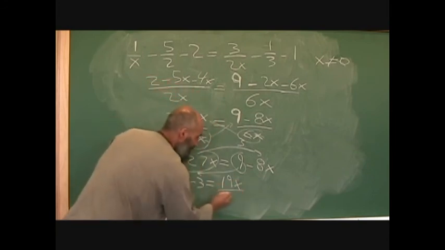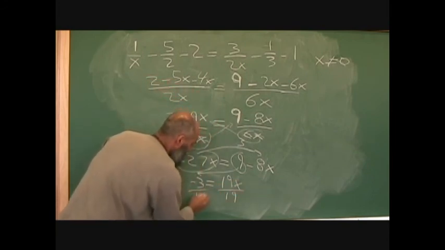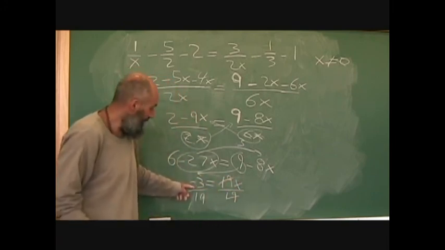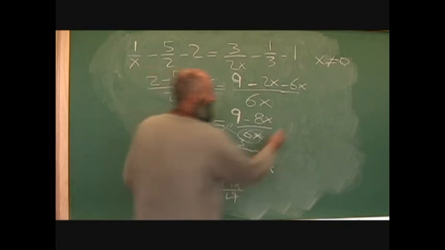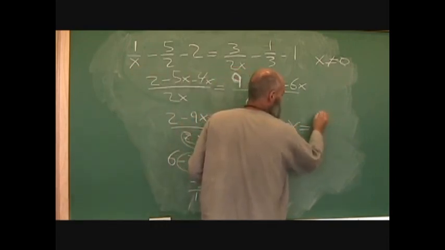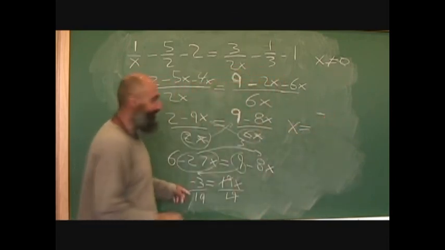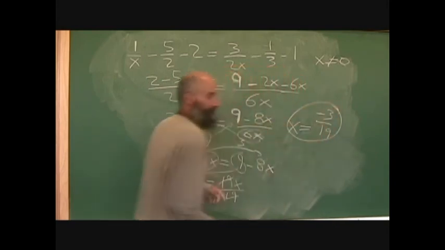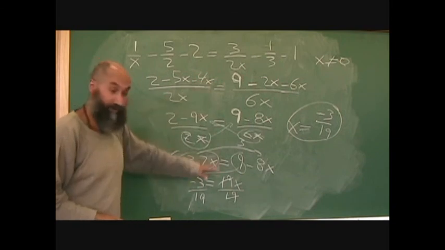And divide by 19. So x is going to be equal to, oh sorry, negative 3 over 19, right? Negative 3 over 19. And that's our solution using cross multiplication.